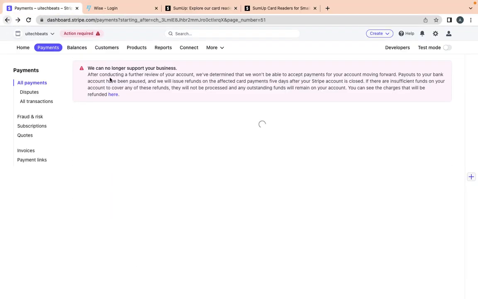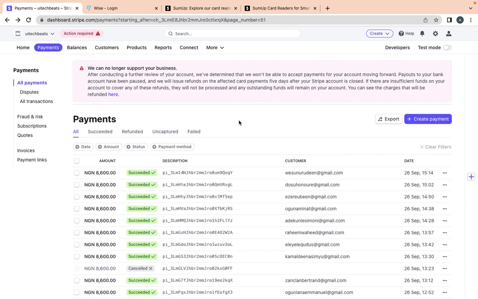Alright, I'm going to be dropping videos on how you can create your Stripe account, and on websites you can use to register a UK business or a US business.